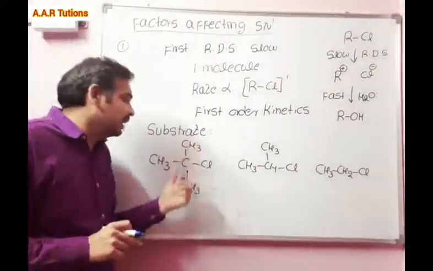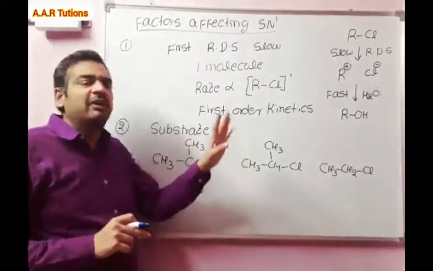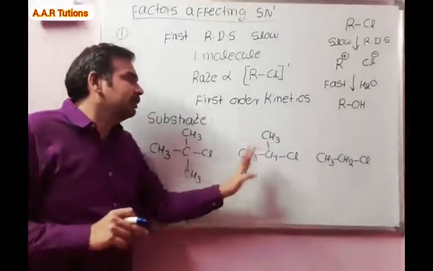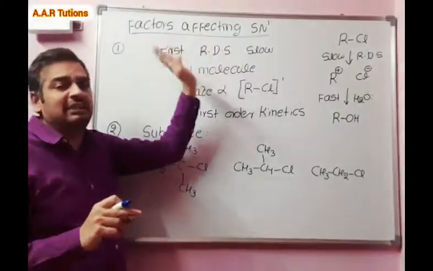So the alkyl halide which will give a stable carbocation will prefer to undergo SN1 reaction.